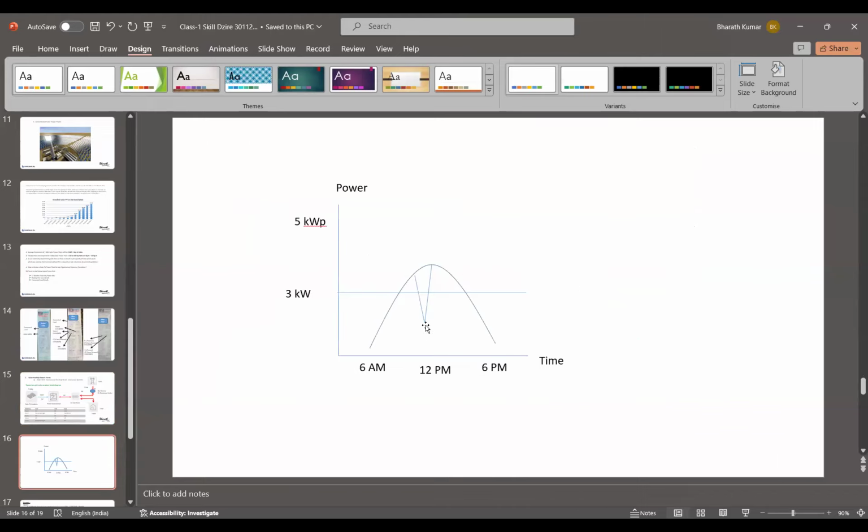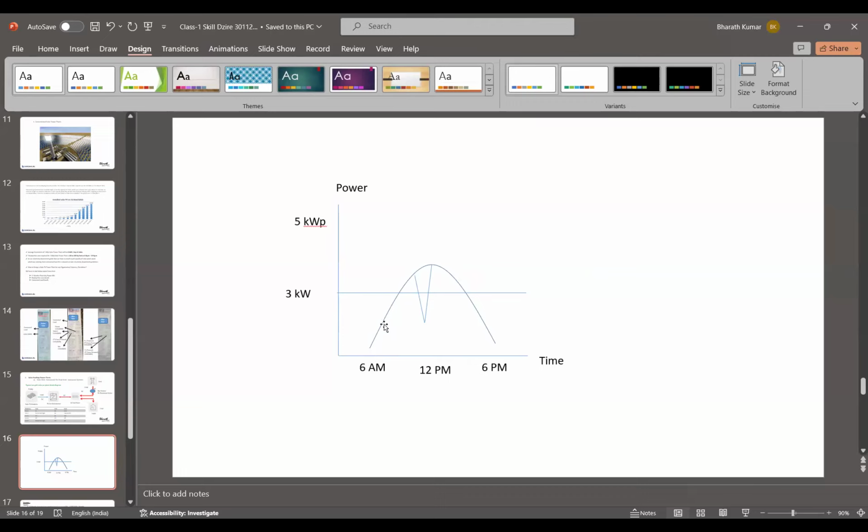So you can see this is a simple graph. This graph is the solar power generated graph. If you set up a 5 kilowatt solar power plant, our light intensity in the morning will be minimum.